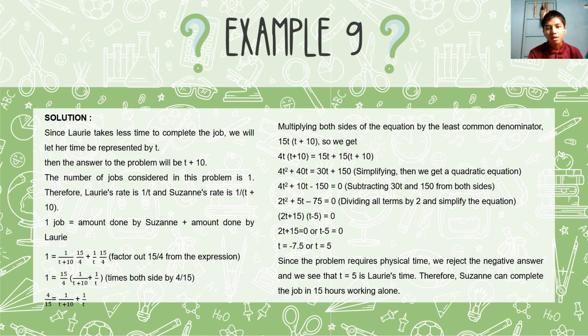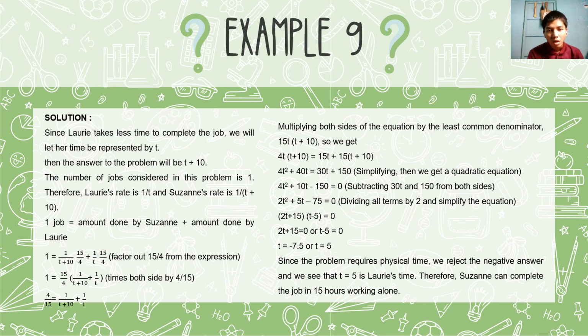Subtracting 30T and 150 from both sides. So we got 2 times 2T squared plus 5T minus 75 equals 0. Dividing by 2 and simplifying the equation.